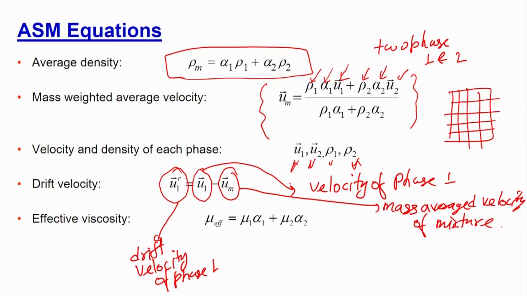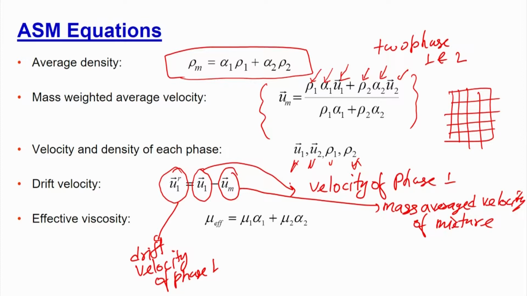So what information does it give? It tells how much faster or slower this phase is moving compared to the mass average velocity of the mixture. So you get the individual information of that particle, and you calculate this U_r, and then from U_r you can get the U_n. So you can get the velocity of each phase there.